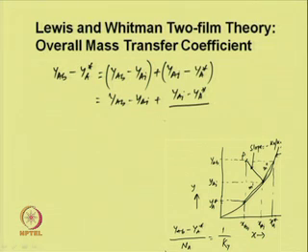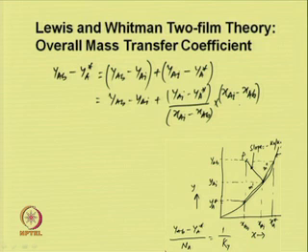If we multiply by x A I minus x A B in both the denominator and the numerator, this is the slope of this line.